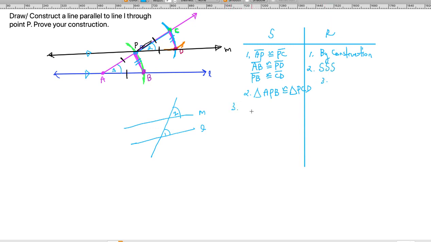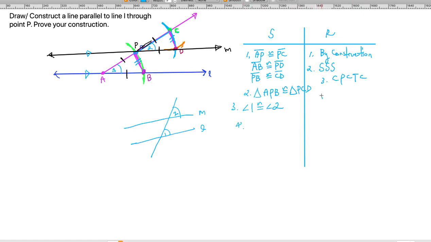Now I know that these two triangles are congruent, therefore all their corresponding parts are congruent. So angle 1 is congruent to angle 2, and that's CPCTC, corresponding parts of congruent triangles are congruent.